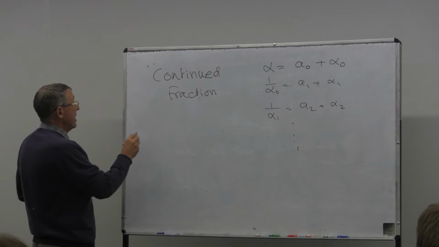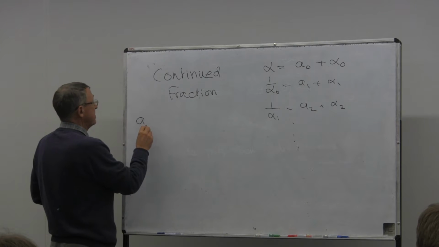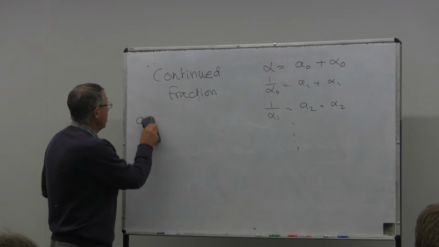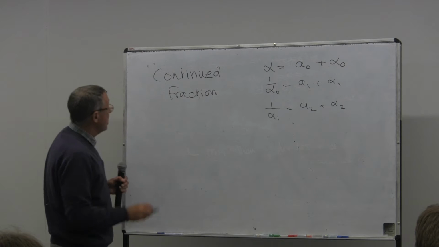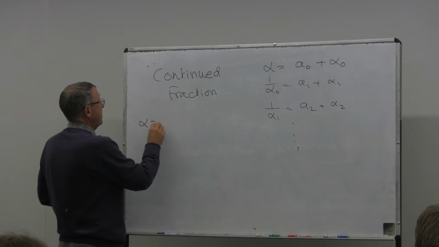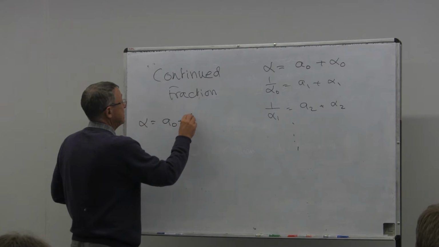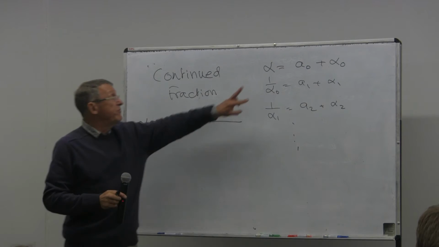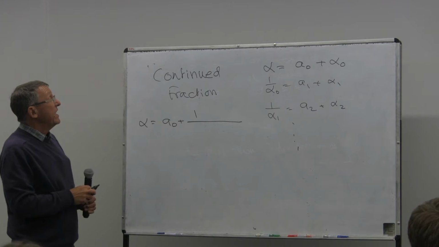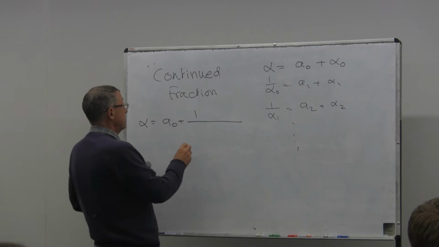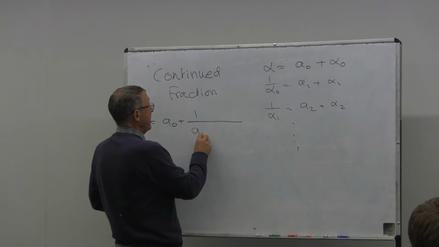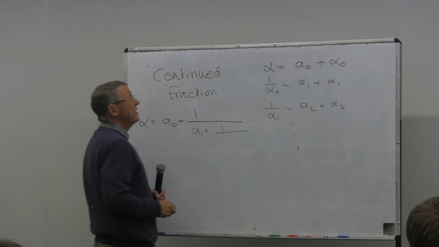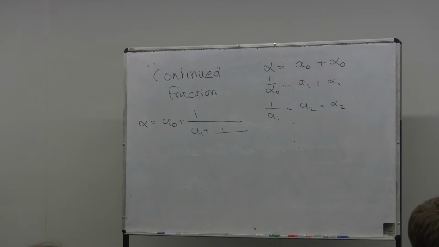after that. And so we could write our original alpha, starting at the top, is alpha is a naught plus 1 over alpha naught. Now invert the second line and substitute that. Alpha naught is a1 plus 1 over alpha 1. Sorry, alpha 1.